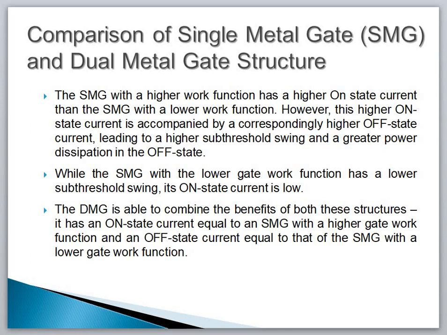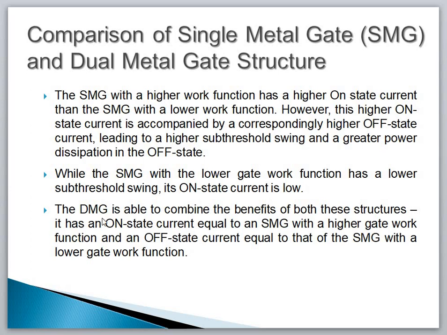If we increase the on current, then simultaneously the off current also increases. It will increase the power dissipation in the off state of the device, and it will also increase the sub-threshold swing of the device. Practically, we need a lower sub-threshold swing.